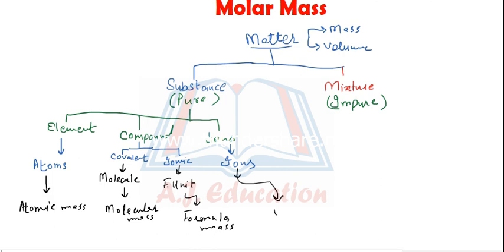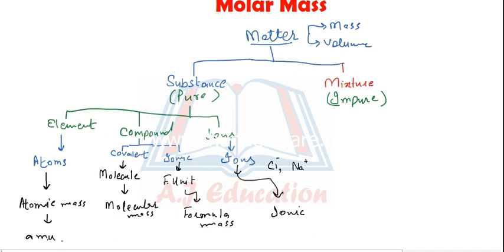Similarly, the mass of an ion is called ionic mass. By ions we mean chloride ions, sodium ions, and so on. All these, that is atomic mass, molecular mass, formula mass and ionic mass, are measured in AMU.